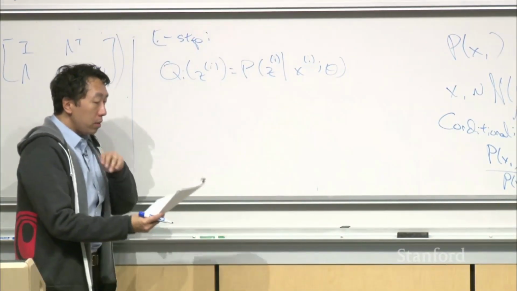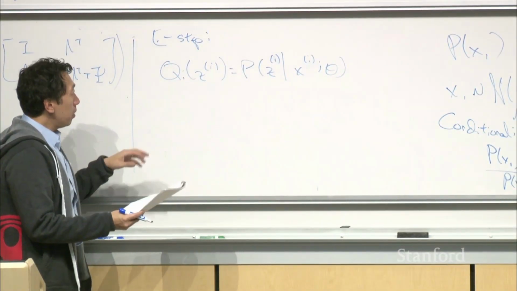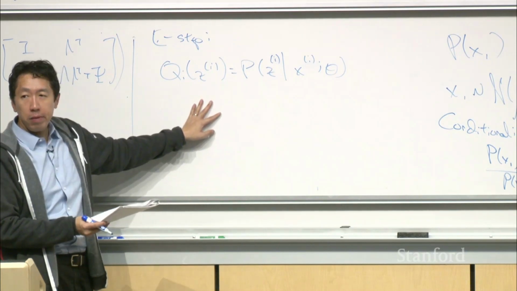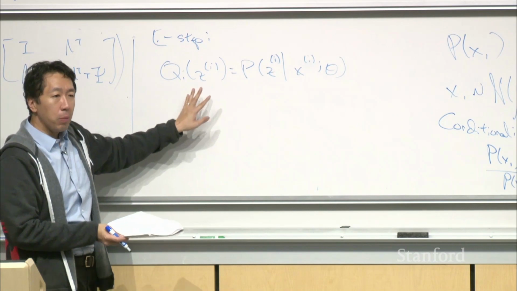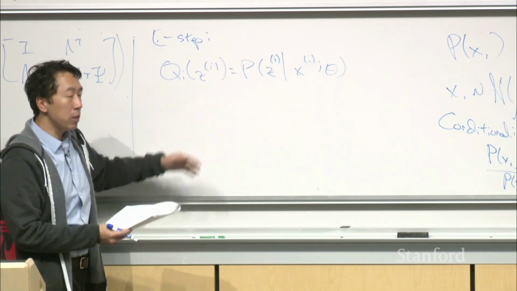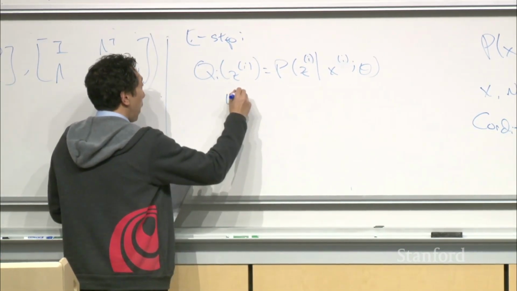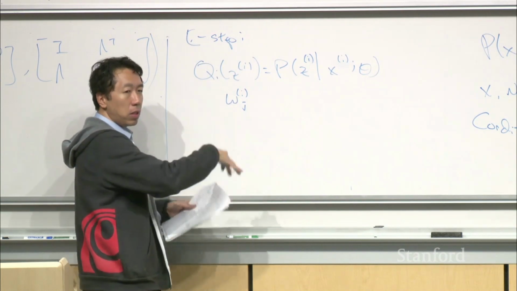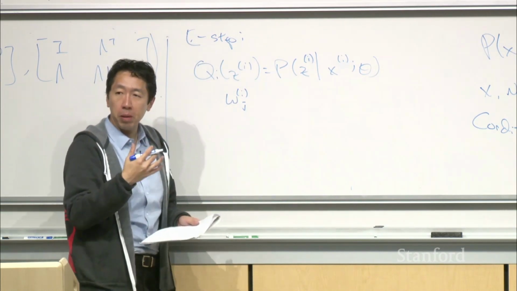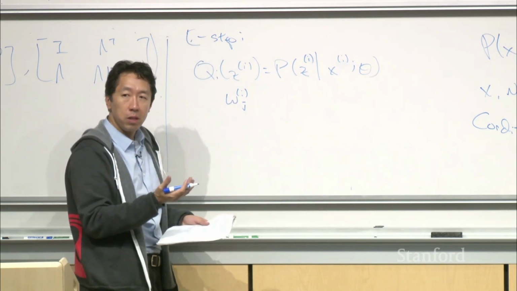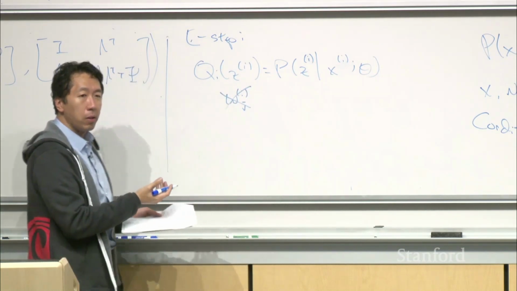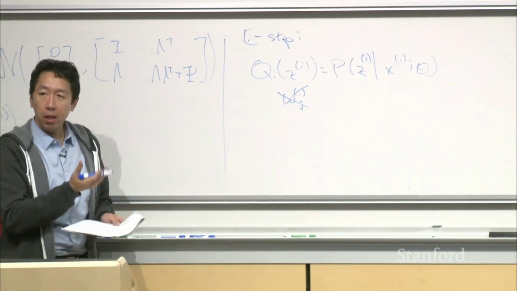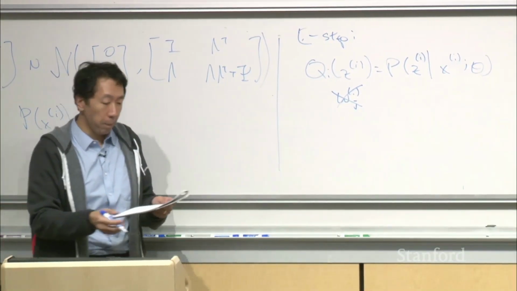Now z_i here is a continuous random variable. When we were fitting a mixture of Gaussians, z_i was discrete, so you could have a vector w_ij storing the probability of each discrete value of z_i. But here z_i has a continuous density. So how do you represent Q_i of z_i in a computer?